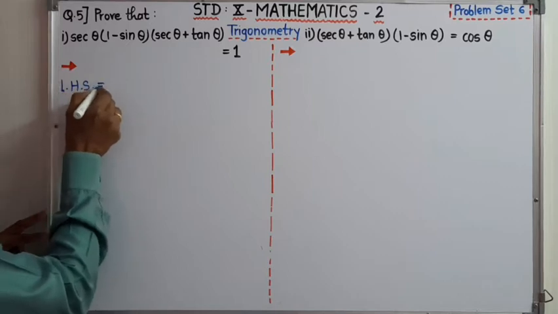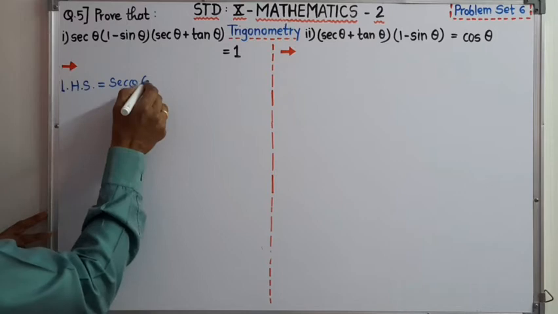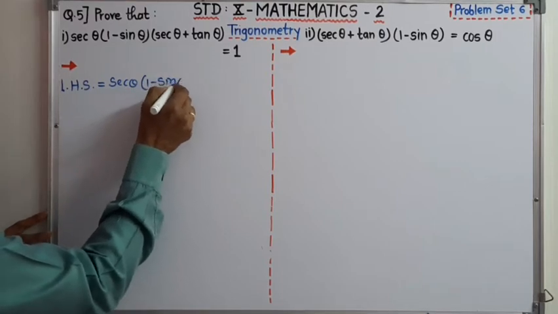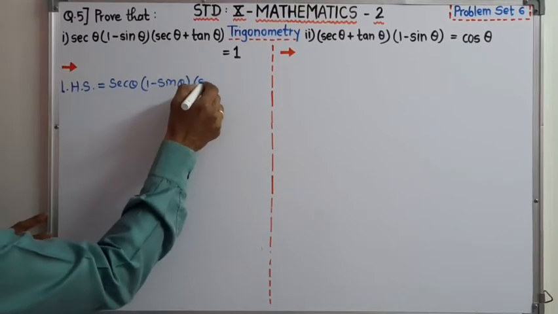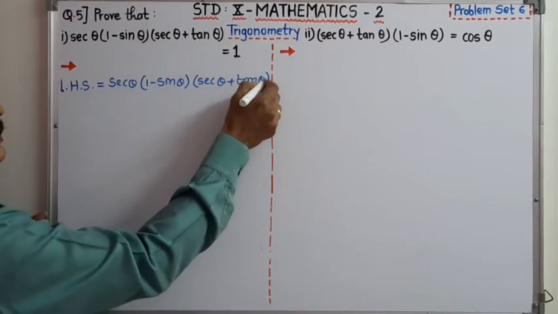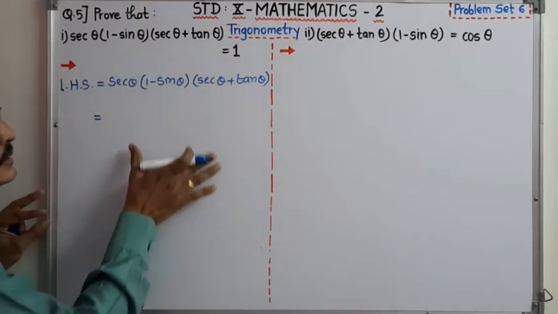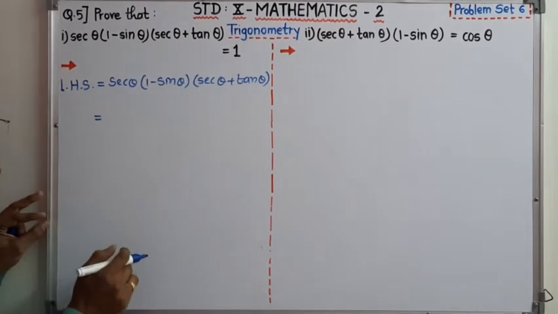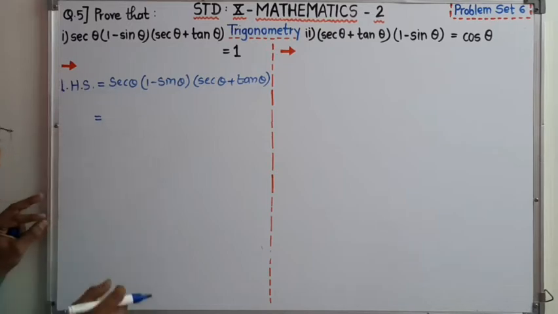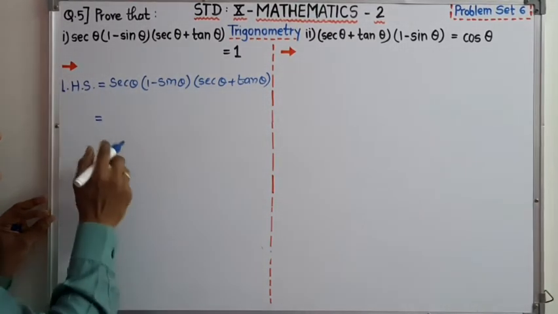Now LHS is equal to, what is given, sec theta into 1 minus sin theta into sec theta plus tan theta. See dear student, we have to prove that this is equal to 1, and for that purpose, see dear student, we have to use various formulas and identities. Here it is sec theta.